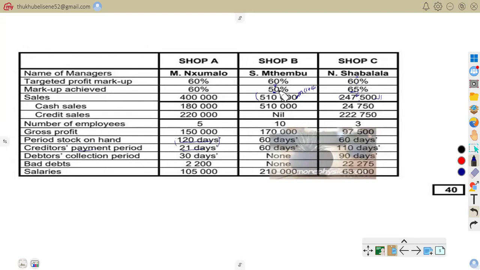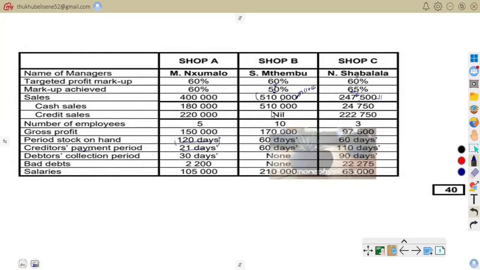The markup is 10% lower. Remember, it was reduced to 50%. So it means it's 10% lower. So that is a problem that we have identified, that the markup is 10% lower.